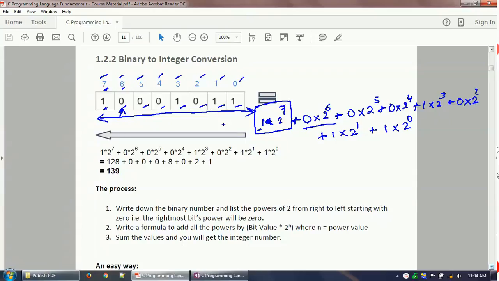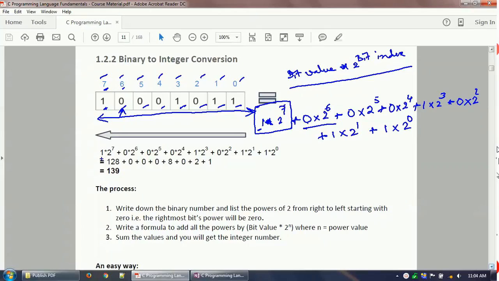We call it index. So 0 is the bit value into 2 to the power 6. So if you are calculating for a particular bit, then it's bit value into 2 to the power bit index. This is the normal representation to calculate a particular bit.